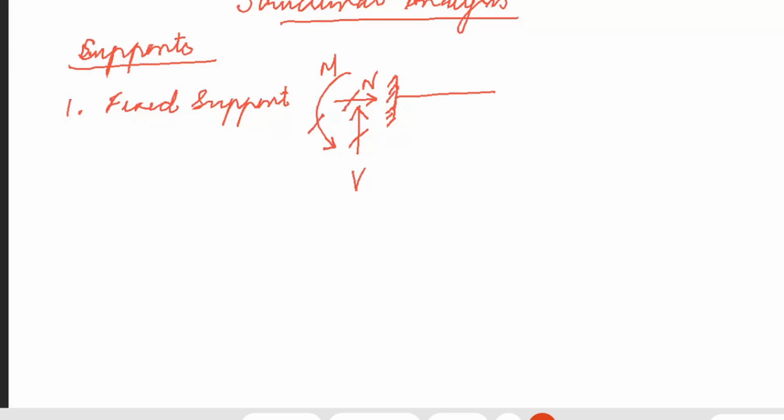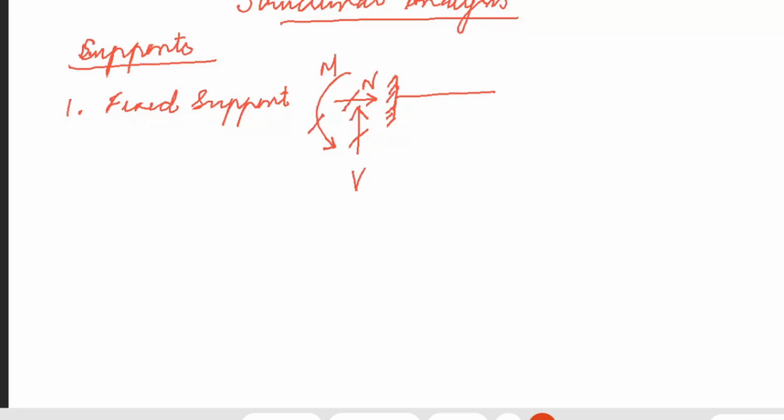Whenever somebody applies a force to move us, for example, our body is at a standstill, we are standing somewhere, and someone has started pushing us.